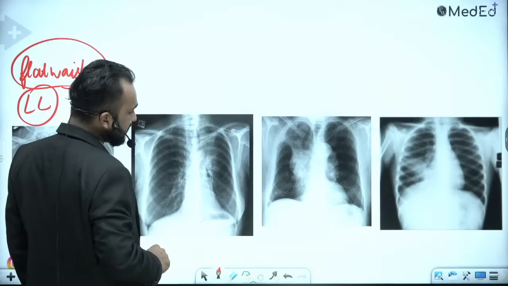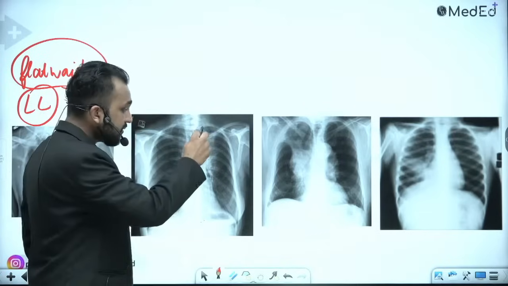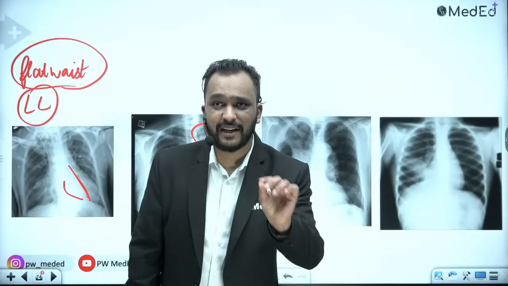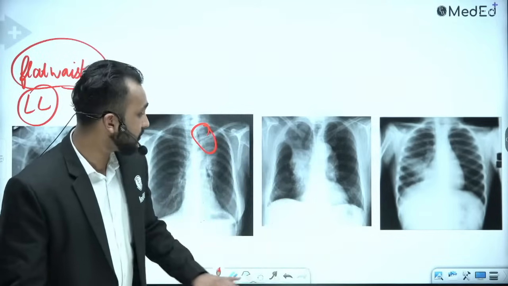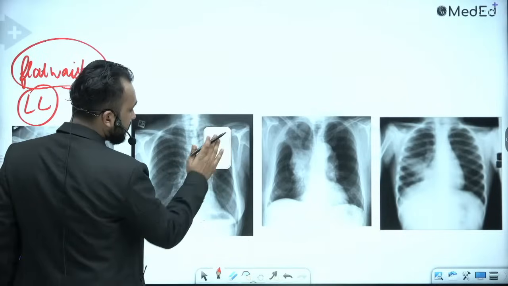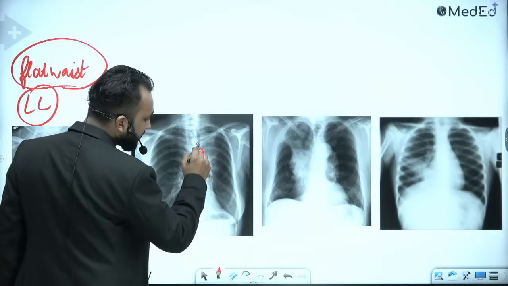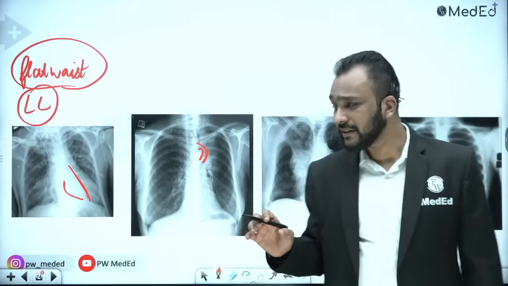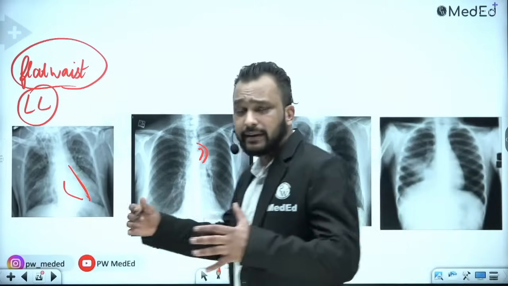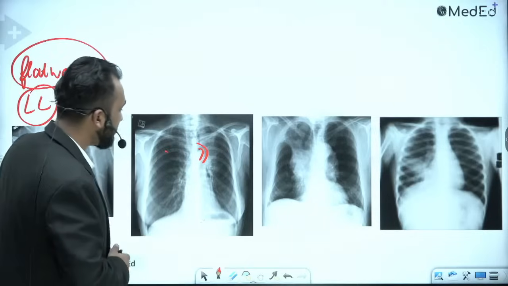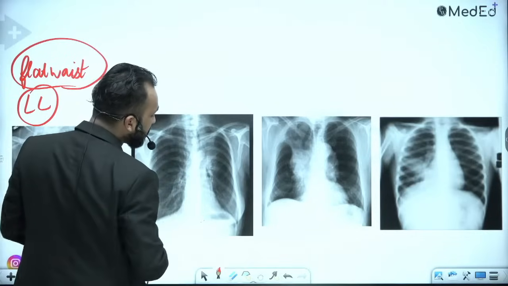In the second image, we can see some homogeneous opacity in the left upper zone, and there is also some sickle shaped air collection around the arch of aorta. It is due to the compensatory hypertrophy of the contralateral lung.